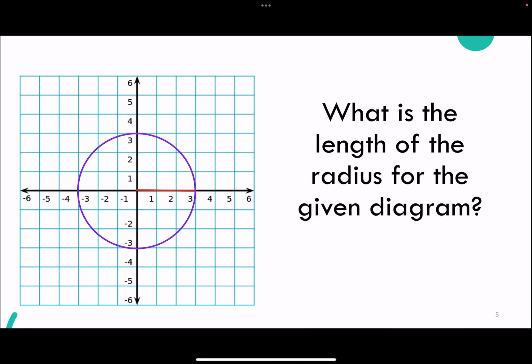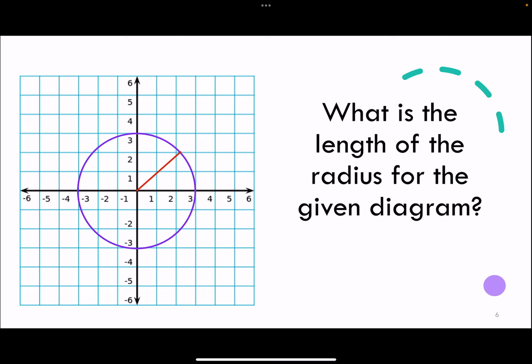Now, in this diagram, you will notice that there is a circle in purple and there is a line in red. So that is actually the radius of the circle. So based on this diagram, what is the length of the radius? So you can count, right? Okay, since there are three of them, 3 units, it will be 3 units.